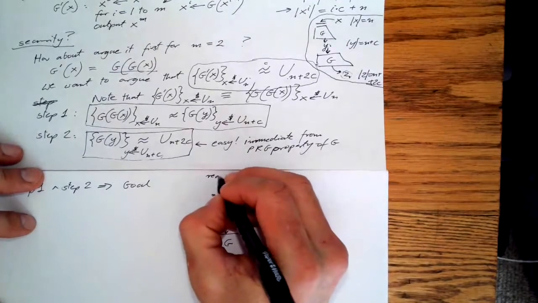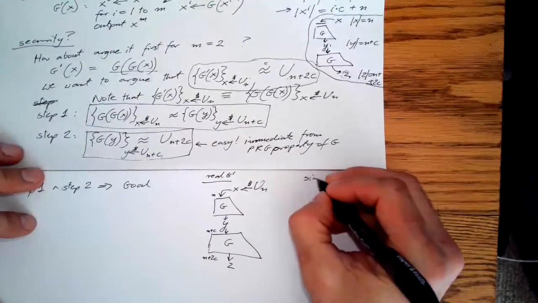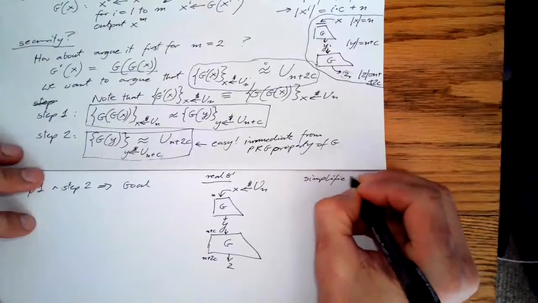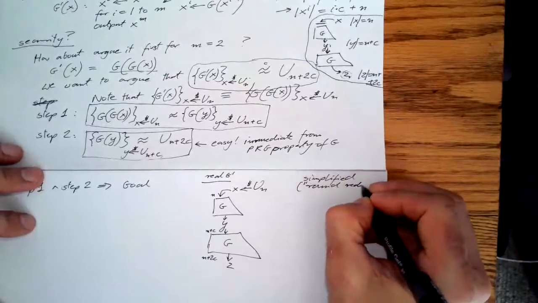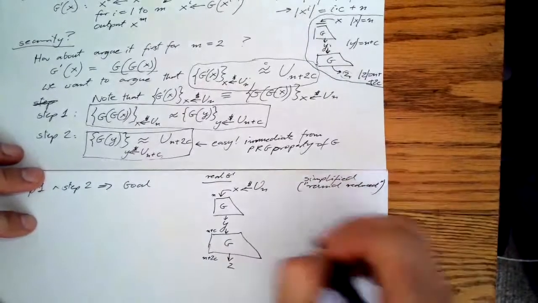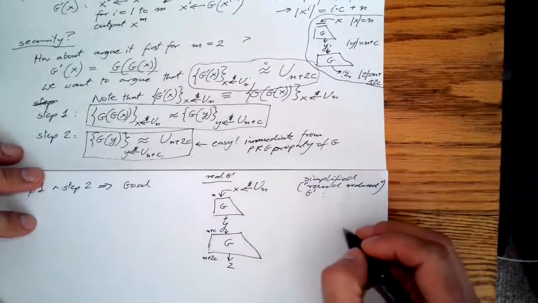So this is the real G prime. Consider a simplified, or round-reduced, G prime, which would not do this at all.